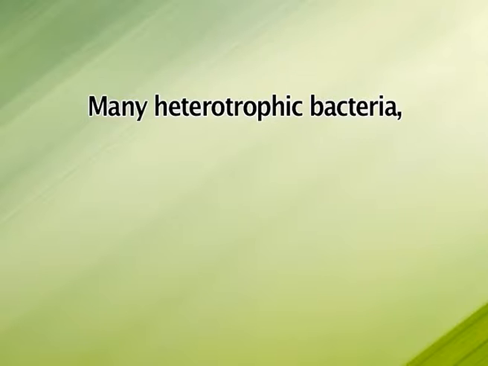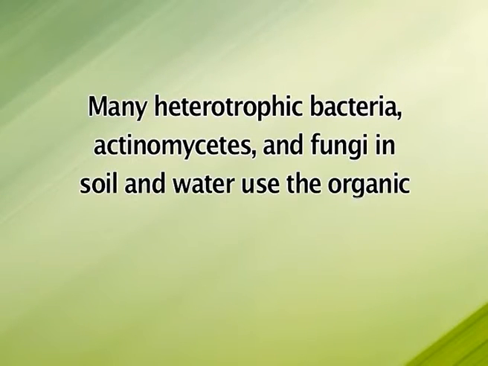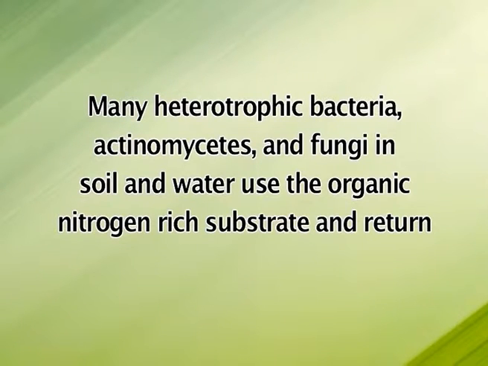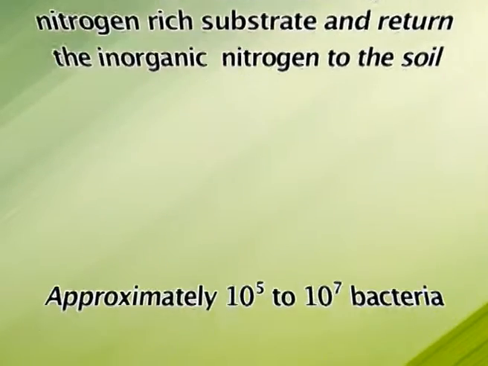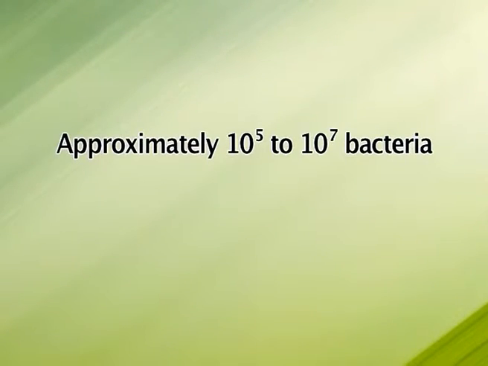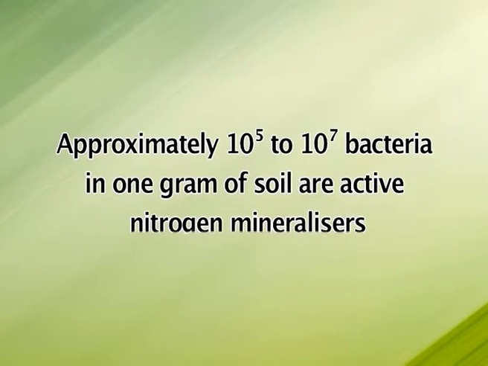Many heterotrophic bacteria, actinomycetes, and fungi in soil and water use the organic nitrogen-rich substrate and return the inorganic nitrogen to the soil. Approximately 10^5 to 10^7 bacteria in 1 gram of soil are active nitrogen mineralizers.